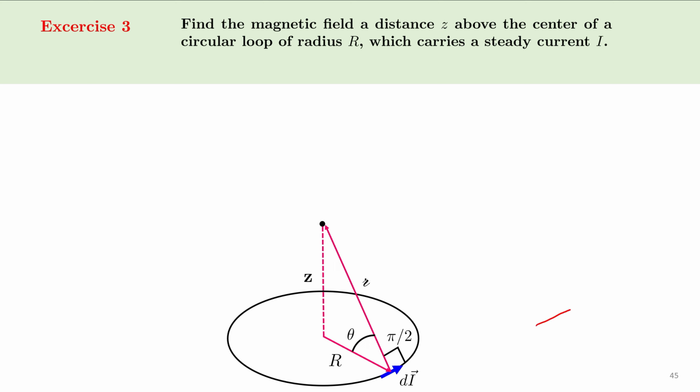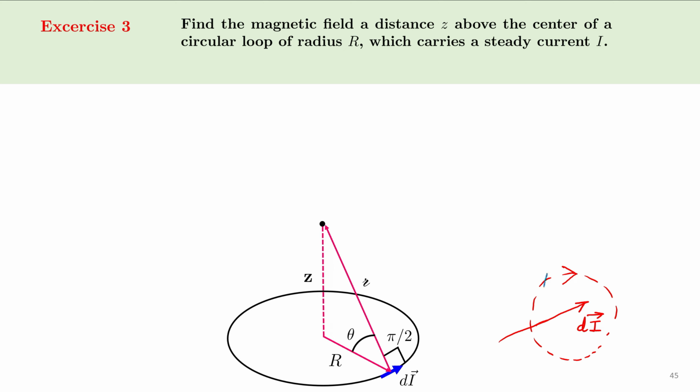Now, if we consider a very small current carrying element, let us assume that it carries a current dI. So in this case, the magnetic field will be circulating this current carrying loop. The direction of the magnetic field is given by the right hand thumb rule, and according to this convention, it will be in the clockwise direction as shown in this figure.